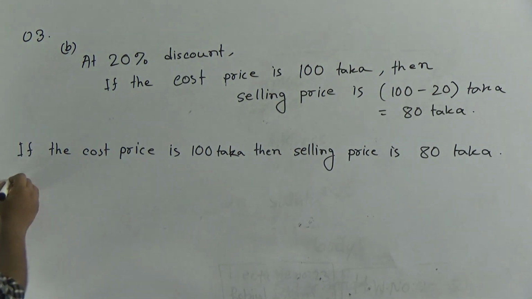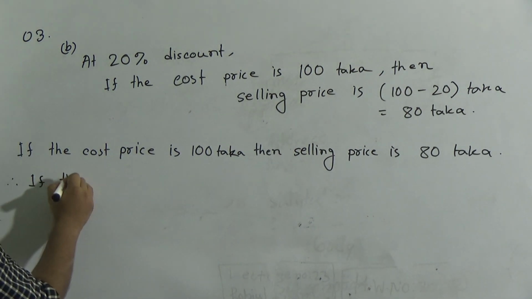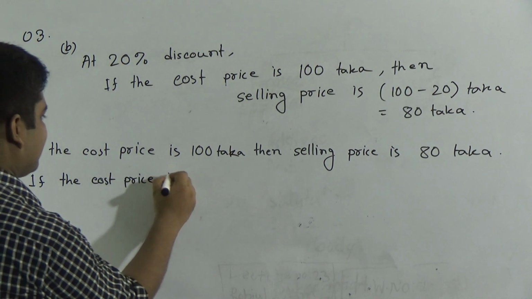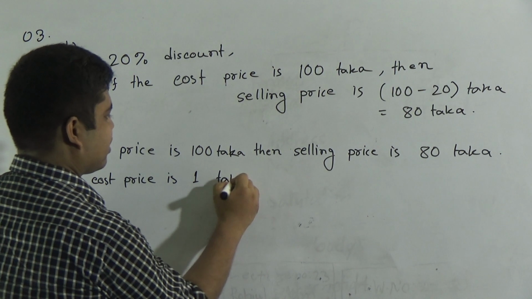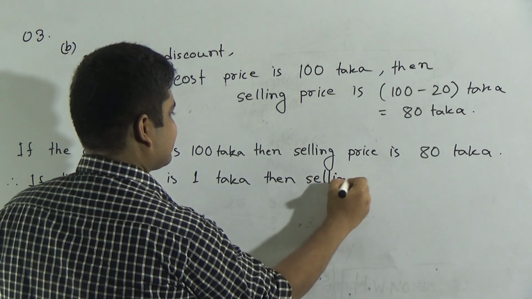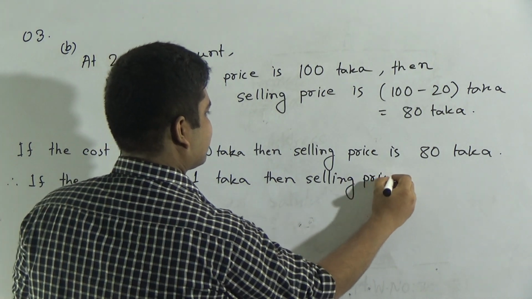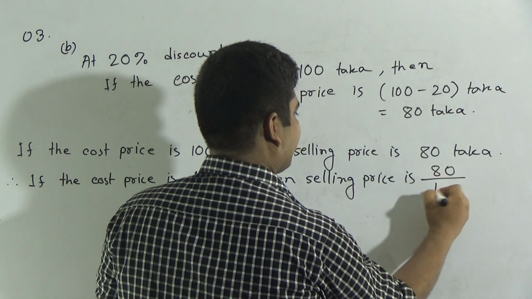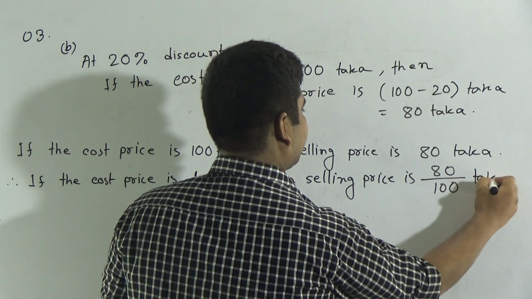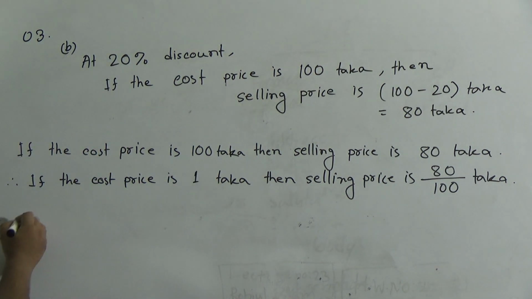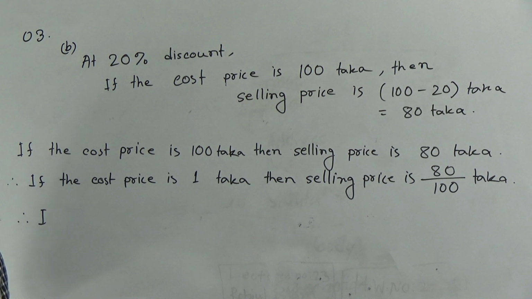Now my dear students, if the cost price is 1 taka, then selling price is 80 divided by 100 taka, because 1 is smaller than 100. Now the cost price of that item is given, which is 1800 taka.